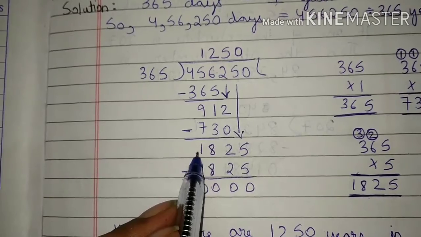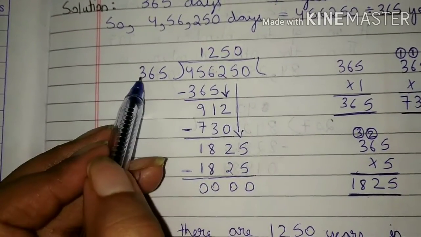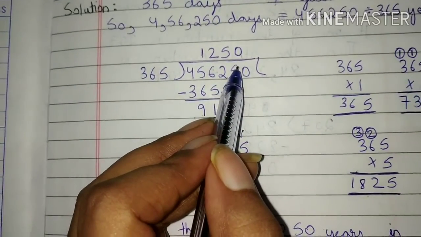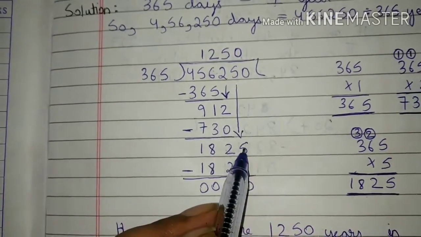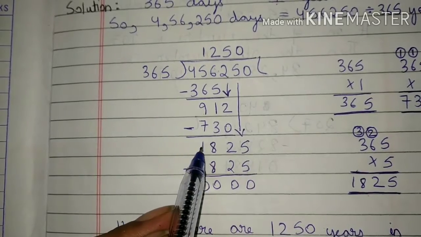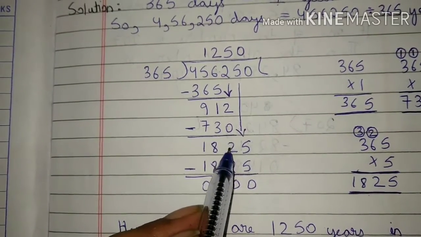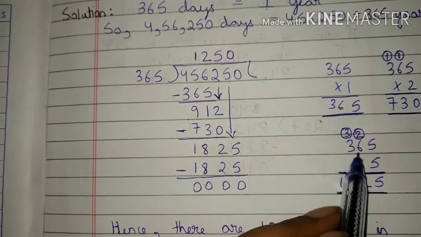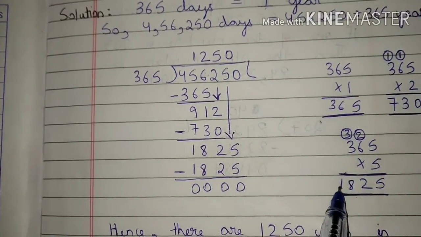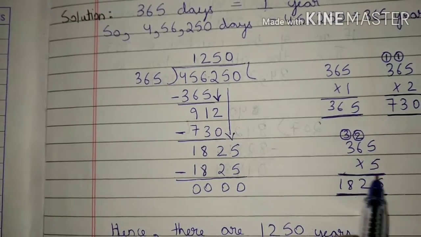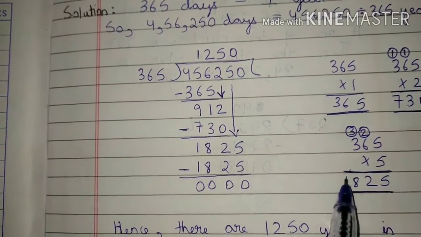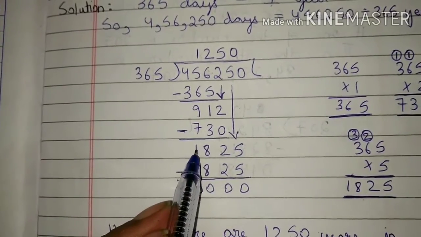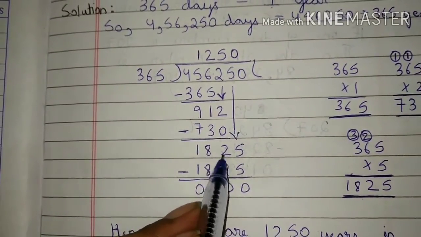Students, 182 is smaller than 365. So we will carry down next digit, that is 5 here. Now number become 1825. Students, 365 into 5 is 1825. And this 1825 is equal to this 1825.